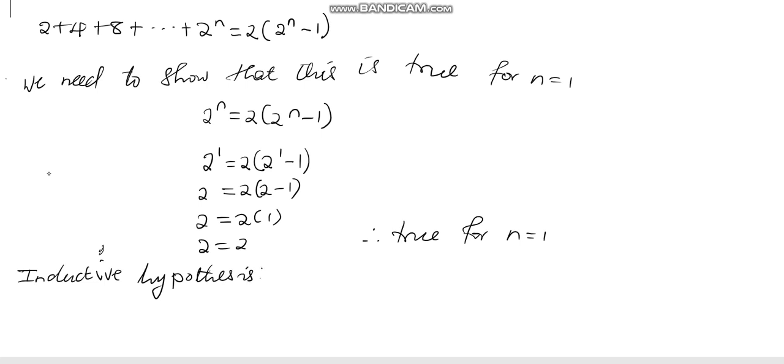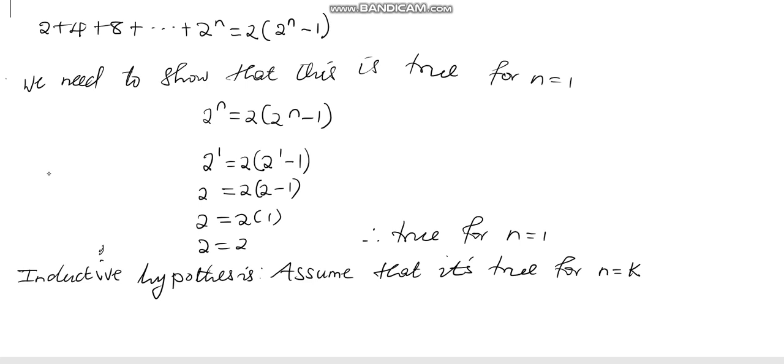On the inductive hypothesis, we make an assumption where we assume that the statement is true when n is equal to k. So we assume that it's true for n equal to k.